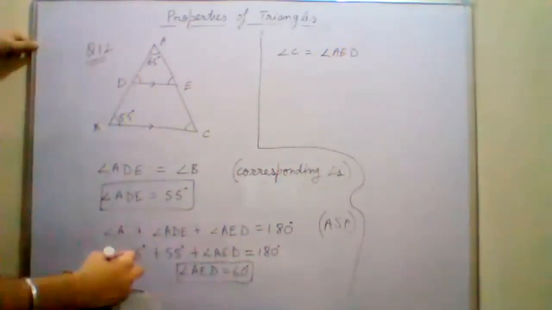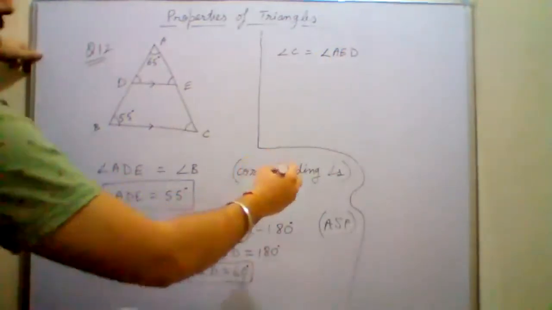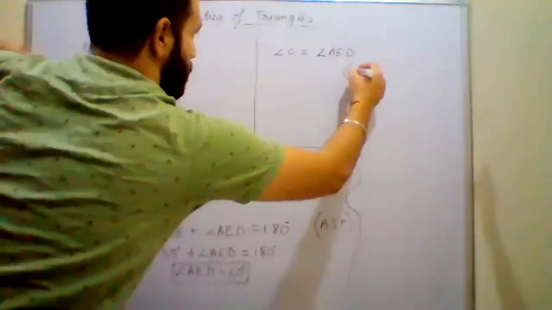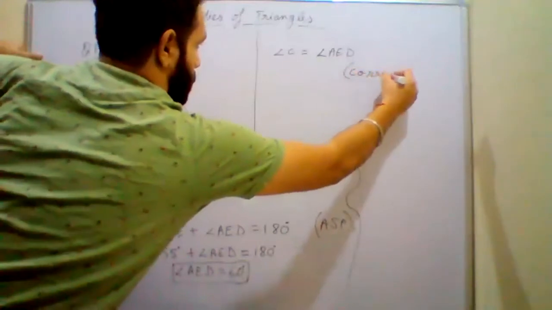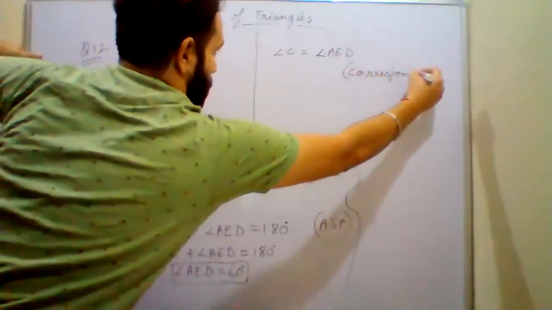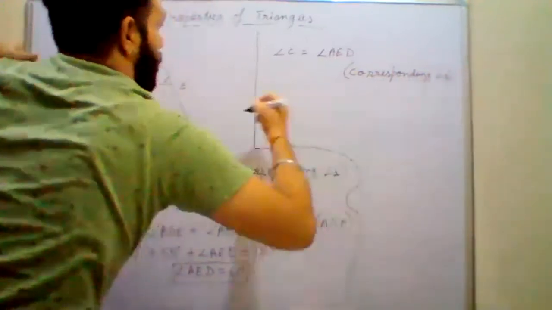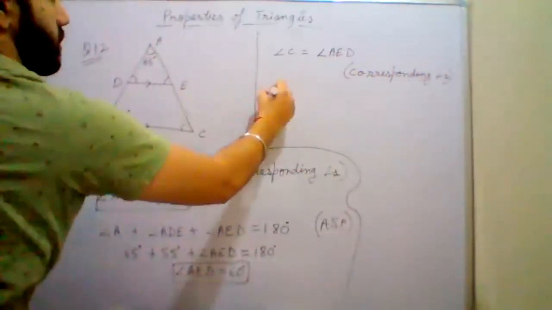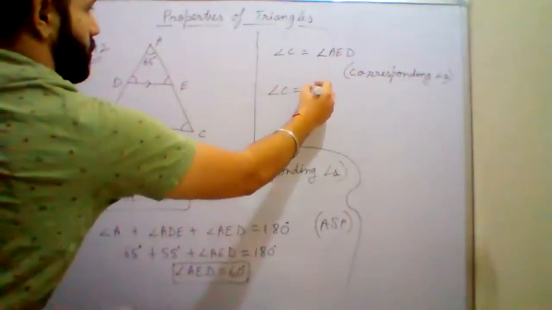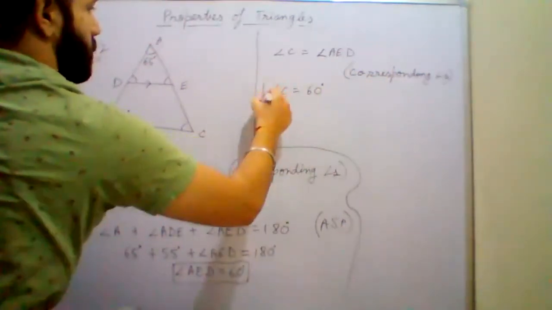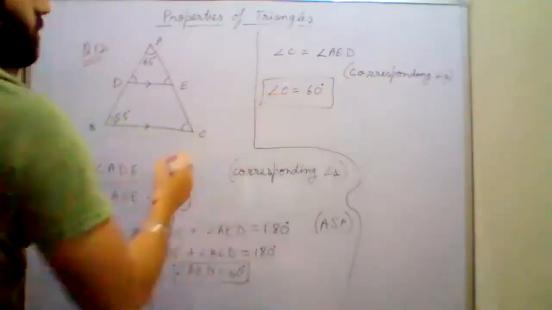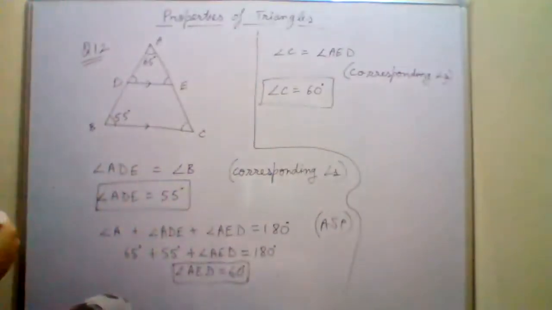Reason: corresponding angles, same reason. So what is angle C? Angle C is equal to 60 degrees. So these are the three answers. Put down the question. It was an easy one.